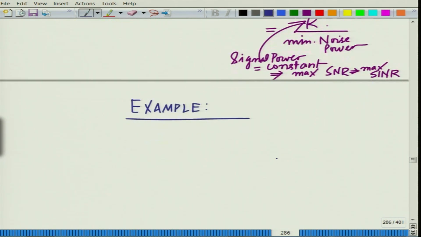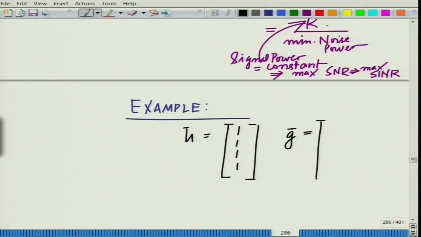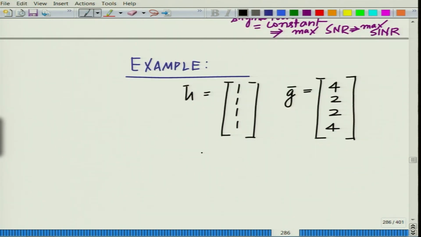Simple example, let us say you are given a problem in which your H bar is 1 1 1 1, and your G bar, that is the interference channel, is 4 2 2 4, right. And one can ask the question, what is the optimal multi-user beamformer W bar?